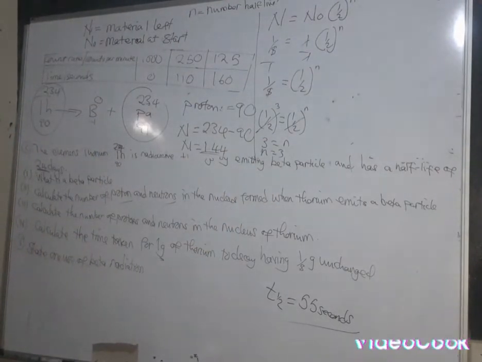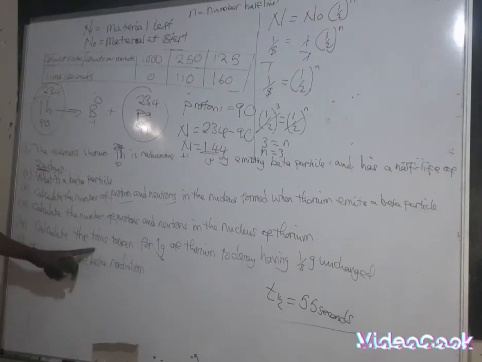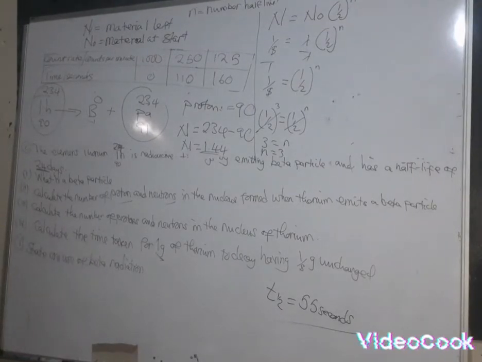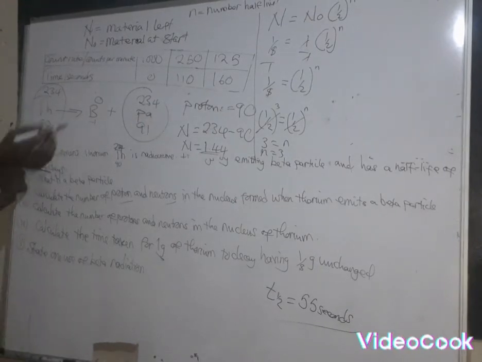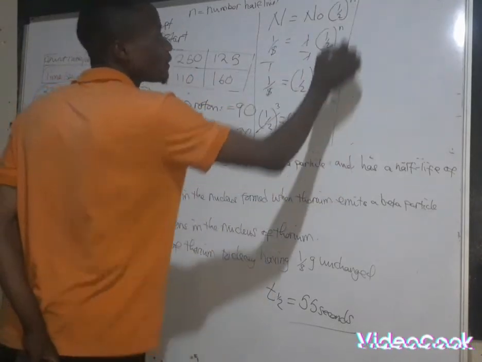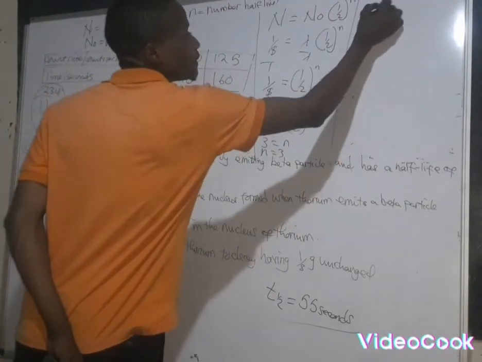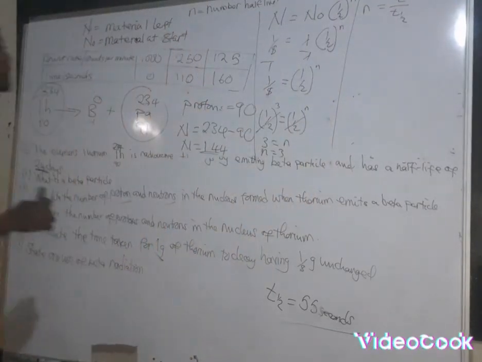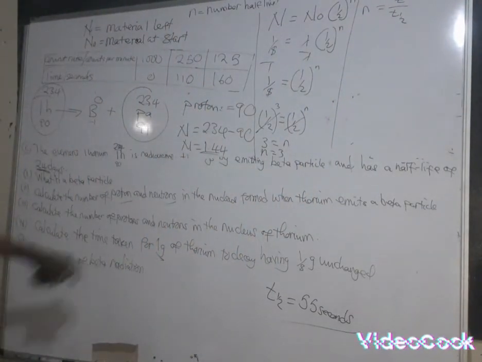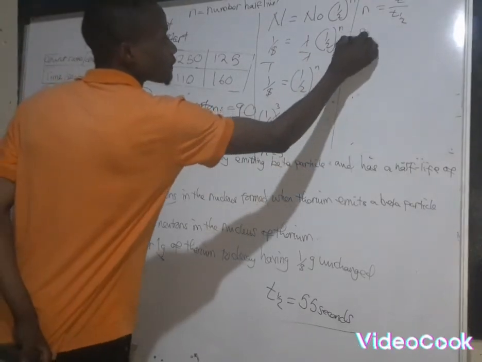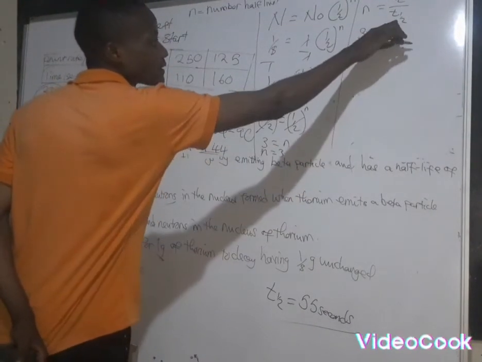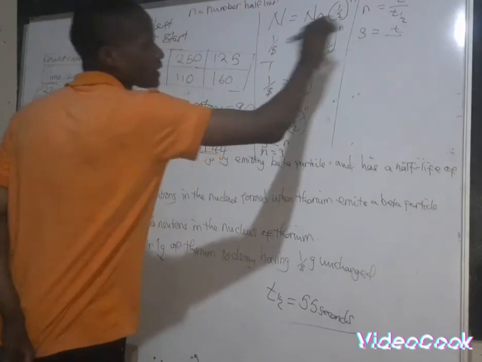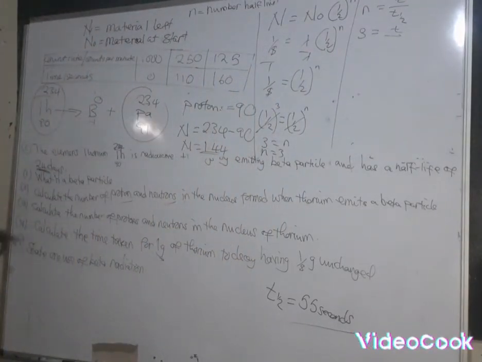When you find the n, now we can find the time taken. Here we are not calculating the half-life. We are calculating the time taken. Half-life has already been given. You get that, right? You're using the same equation where n equals time taken over the half-life. The n is 3. So 3 equals time over half-life, and half-life is 24 days.